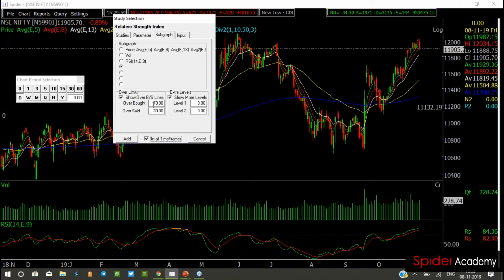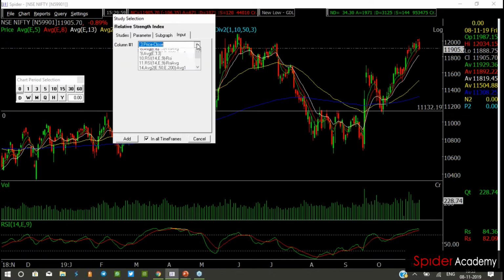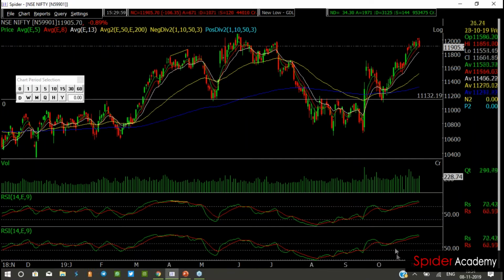This range we will be modifying. We'll be putting it up as 60 and 40, and we have also defined this as 90 and 10. And the input we are going to take as 5. Right? So now we get another 2 lines added into the RSI at this level.